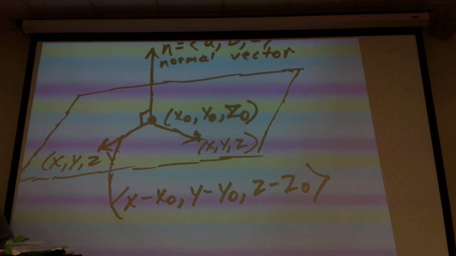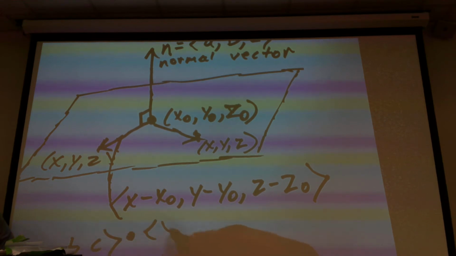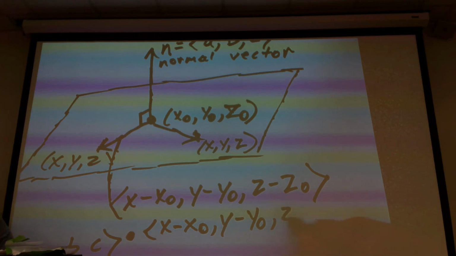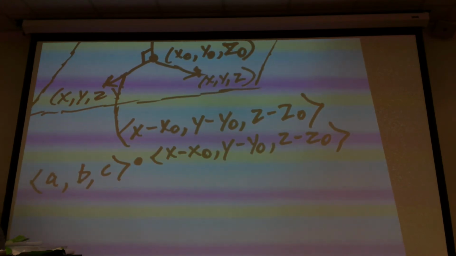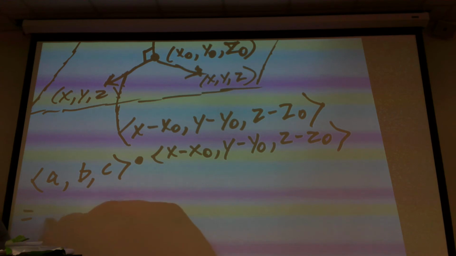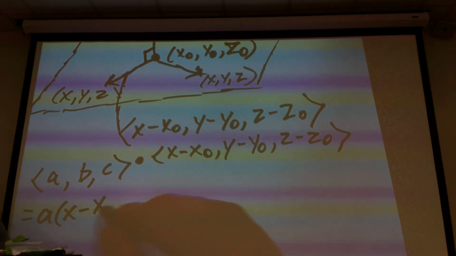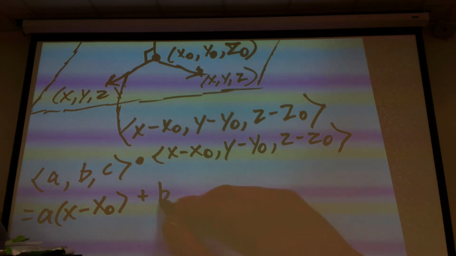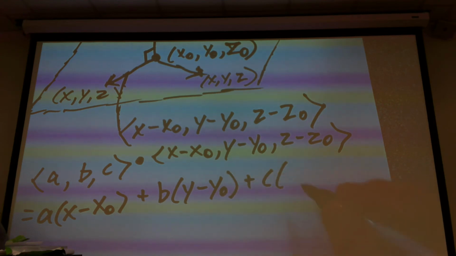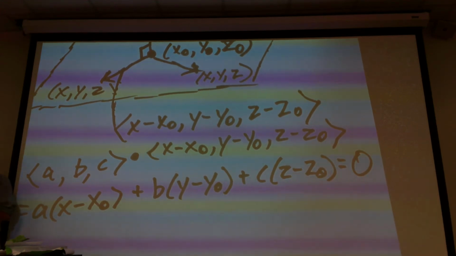So that means A, B, C dotted with x minus x naught, y minus y naught, z minus z naught is going to equal A times x minus x naught, plus B times y minus y naught, plus C times z minus z naught. That's going to equal 0.